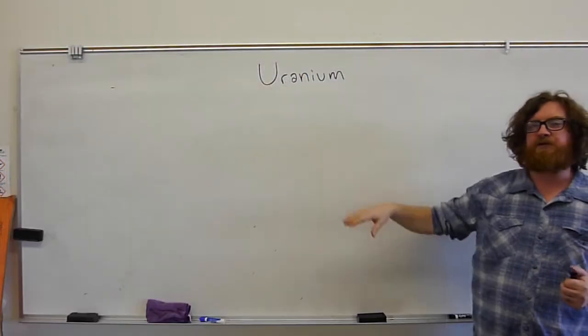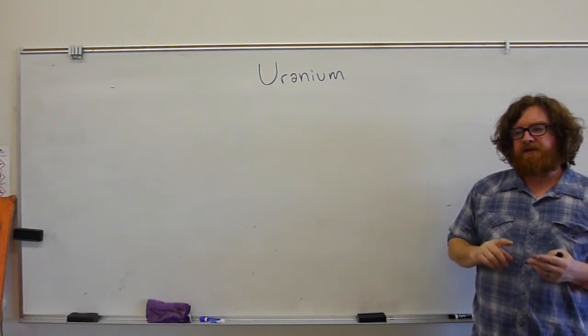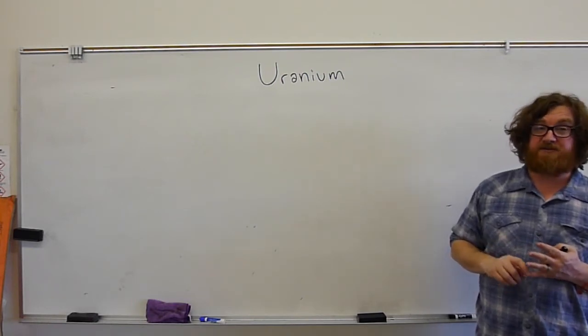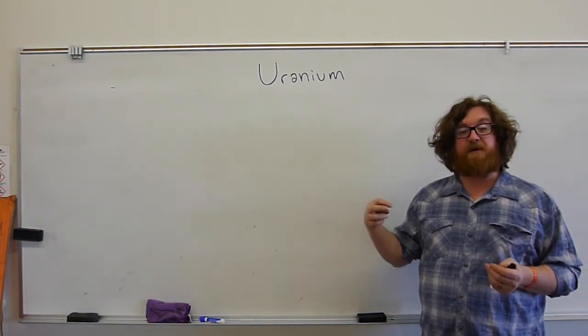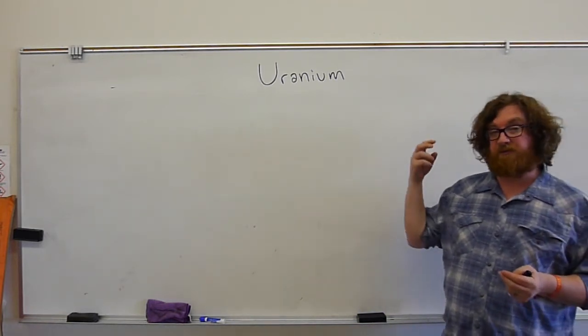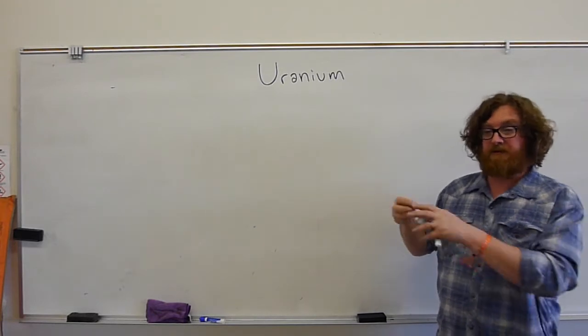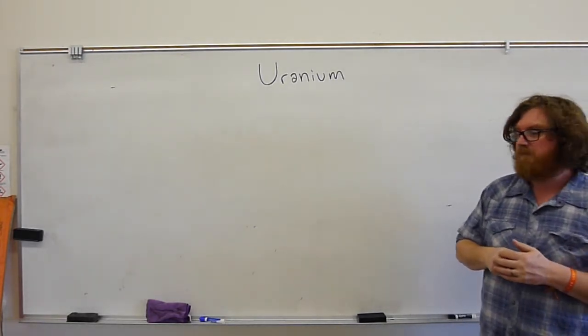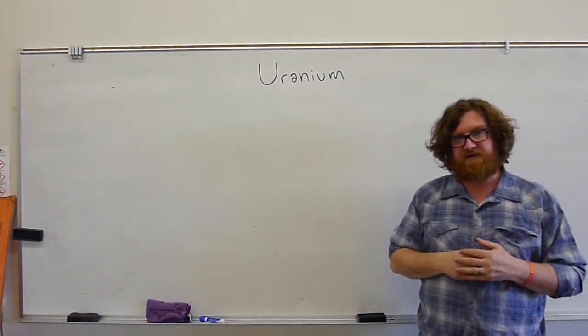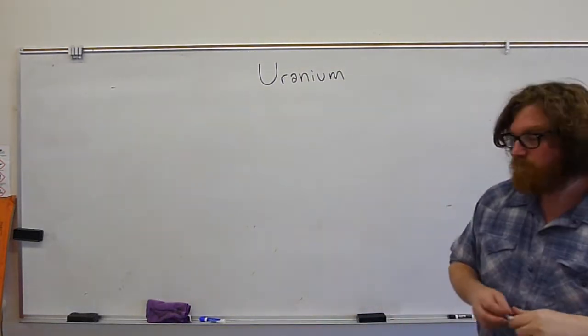So all of those are different minerals that contain uranium in their crystal structure. Meaning, if we want to get the uranium out of them, we would have to take that mineral and essentially disassemble it and pull the uranium out, which we can do, right? It's not incredibly difficult to do that.